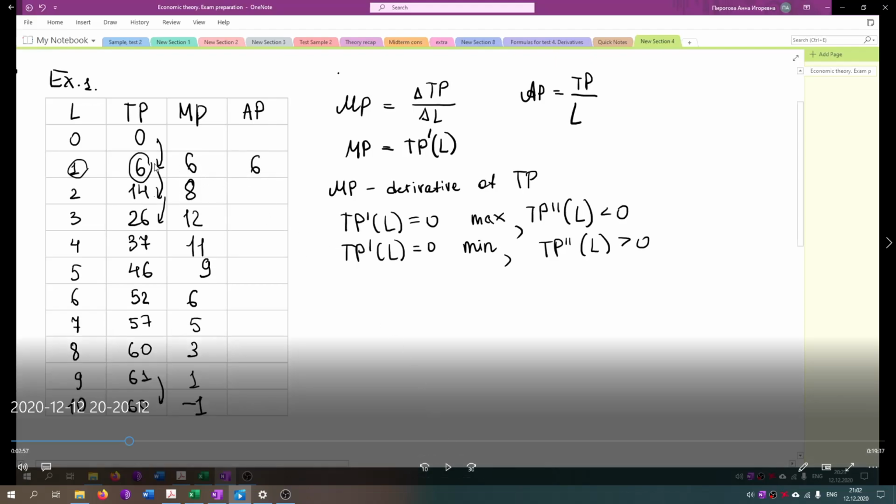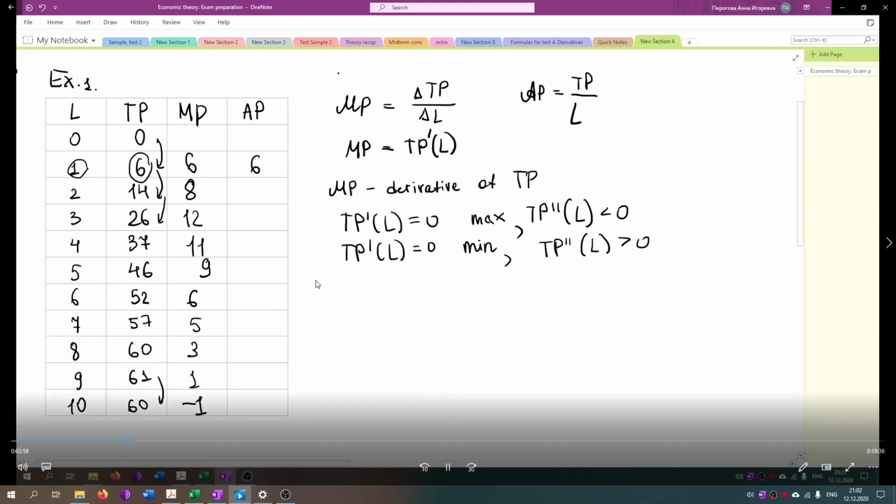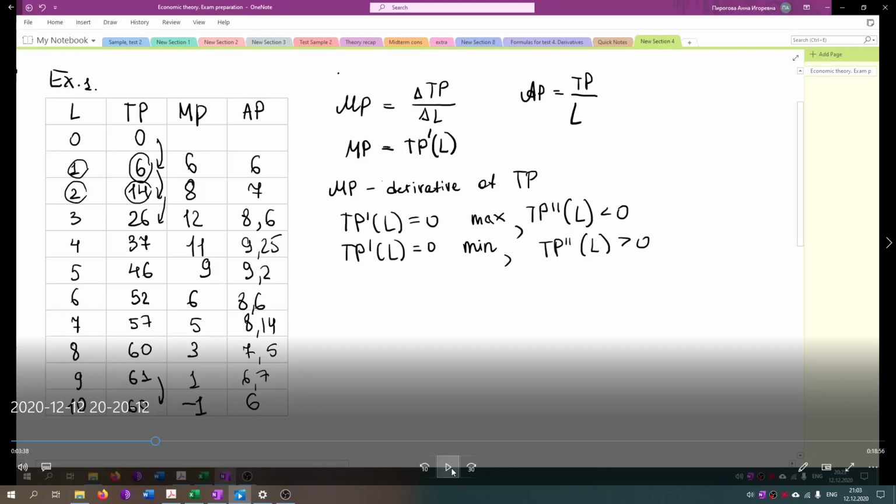We take our total product, which is equal to 6, divided by the quantity of labor, which is equal to 1, and receive 6 as average product. In the second case, we take 14 and 2, divide 14 by 2 and receive 7. So the same procedure we repeat for the other values of average product.